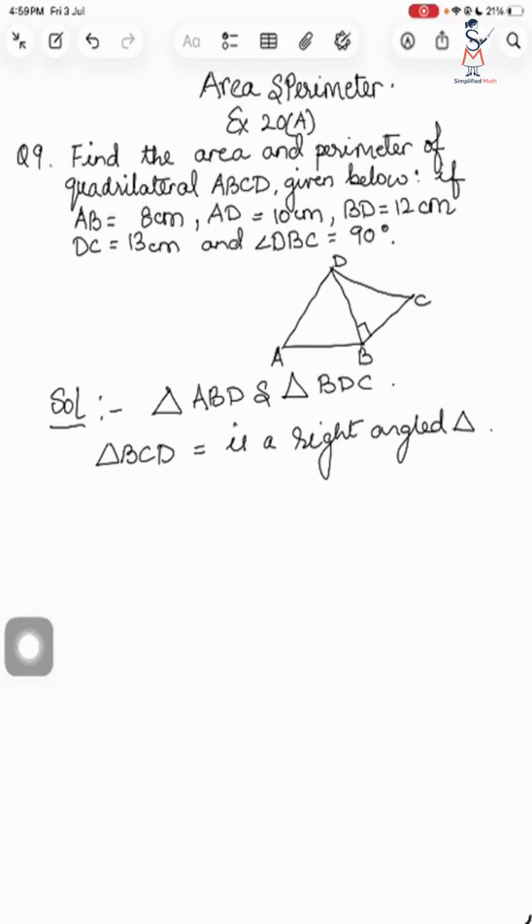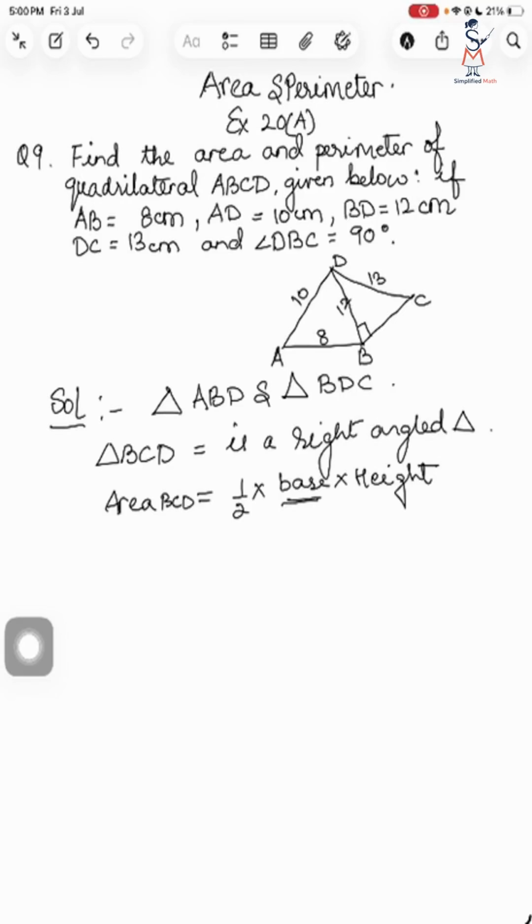Now we know the area of a right angle triangle is half base into height. Now first let's put down the values. AB is 8, AD is 10, BD is 12 and DC is 13. Now to find the area of triangle BCD, we need base BC.